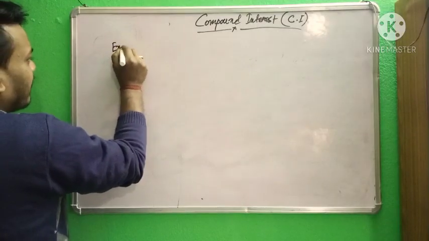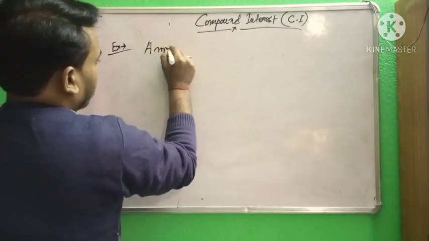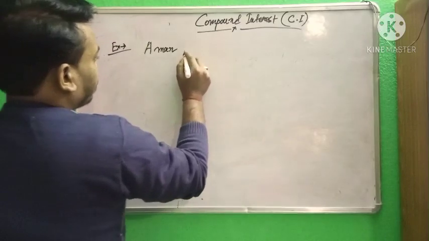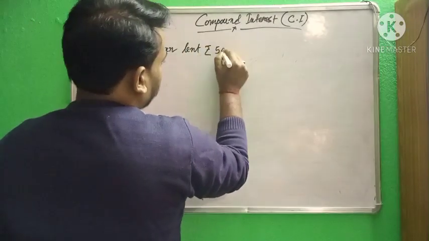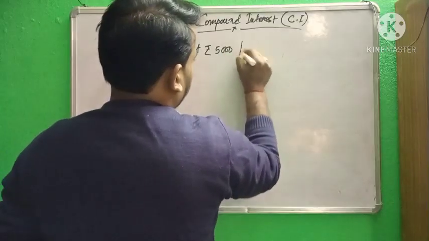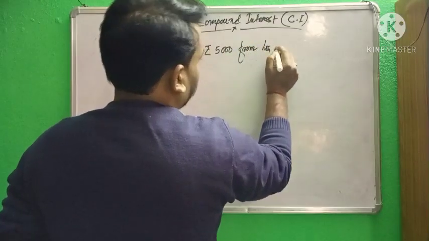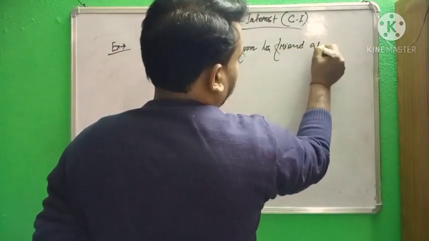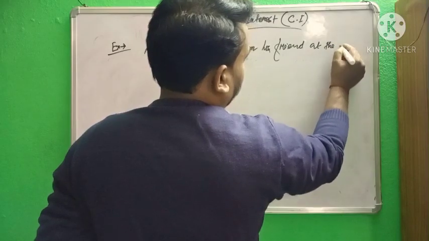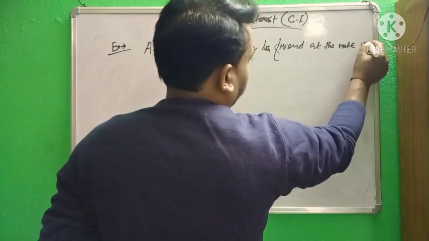A man lent rupees 5,000 from his friend at the rate of 10% per annum.